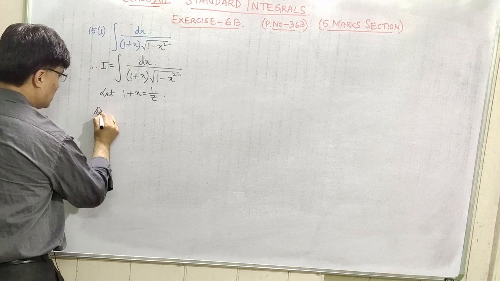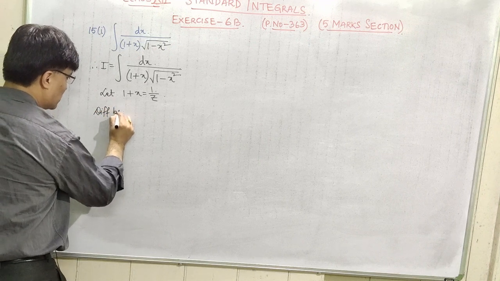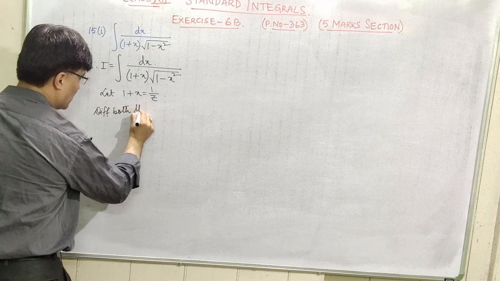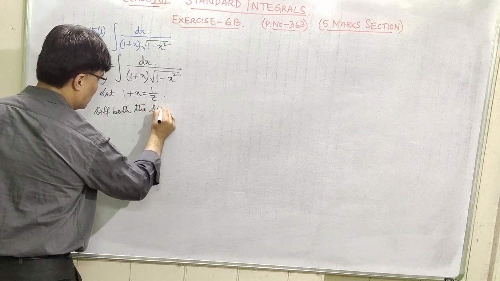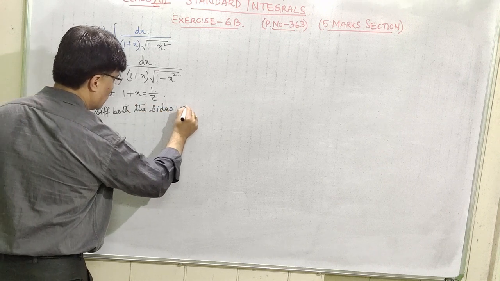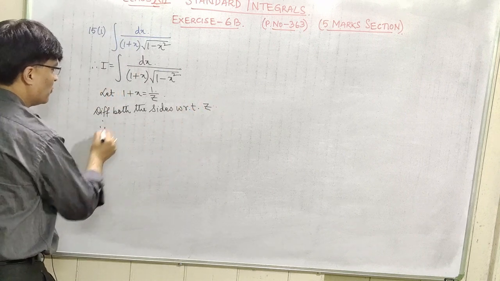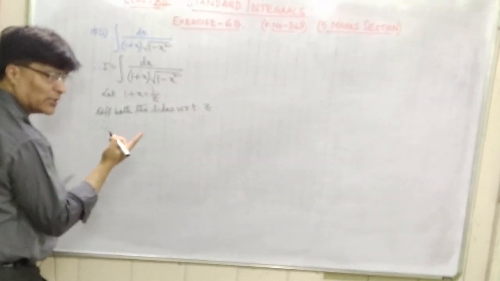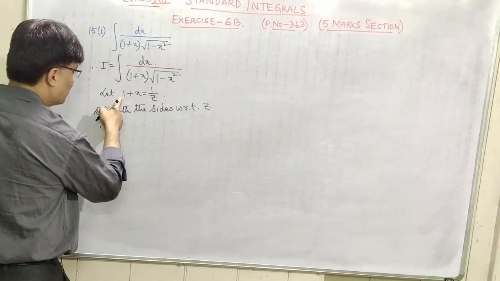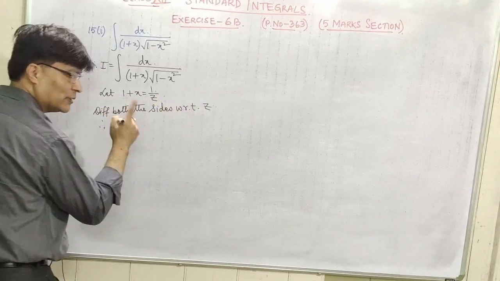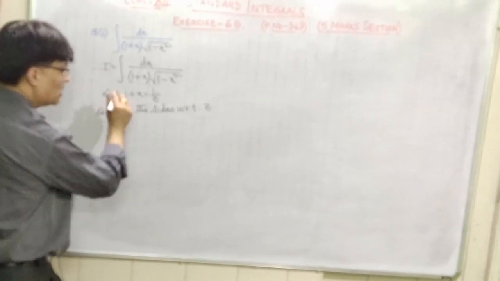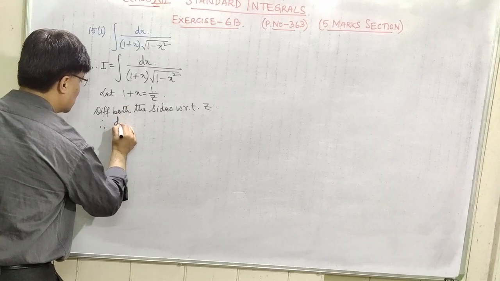So what will you do now? Differentiating both the sides with respect to z. What is the differentiation of 1 with respect to z? That is 0, because this is constant. What is the differentiation of x with respect to z?